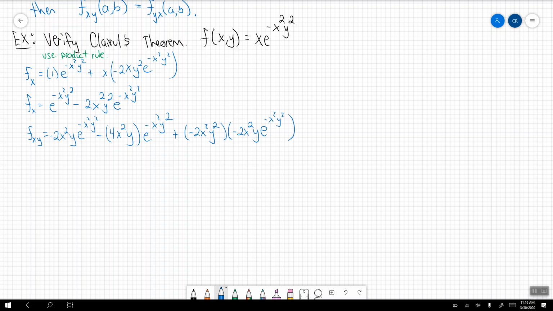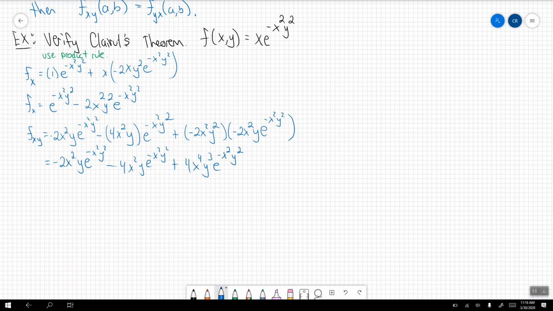There we are. Now this derivative looks rather, let's say, ugly. So what we'll do is clean it up just a bit. Negative 2x squared y e to the negative x squared y squared minus 4x squared y e to the negative x squared y squared, plus 4 x to the fourth y cubed e to the power of negative x squared y squared.